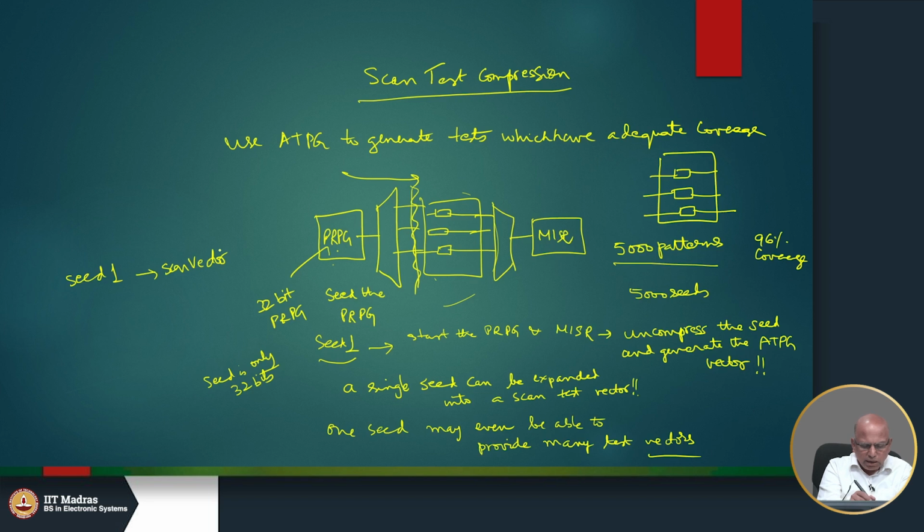Now, the question is, can I go the reverse way? That is, you give me the scan vector and I will pre-compute what the seed might be, right, and that is a very clever solution.